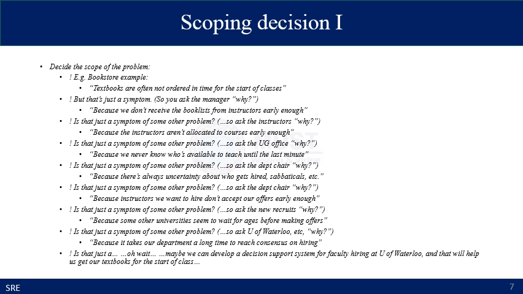Project scopes usually help you to define the scope of the problem as well. For example, if you are going to build a bookstore application and you find out that the problem is that the textbooks are often not ordered in time for the start of classes. So you investigate the problems further and ask different questions.